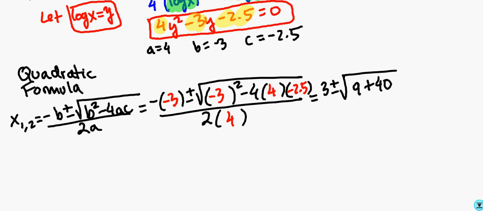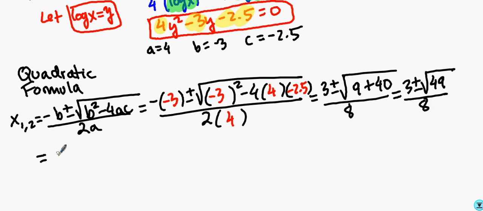Let me erase this. And in the bottom we're going to have 8. Simplify, you're going to get 3 plus or minus the square root of 49 all over 8. We continue, so we have 3 plus or minus the square root of 49 is 7, all over 8.